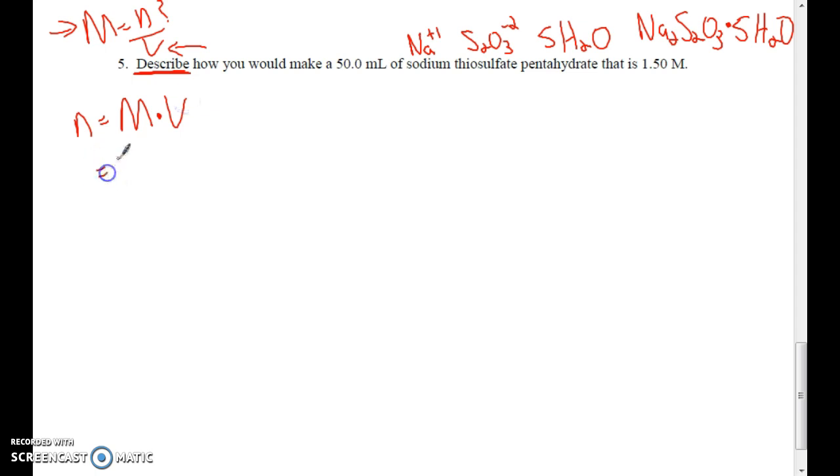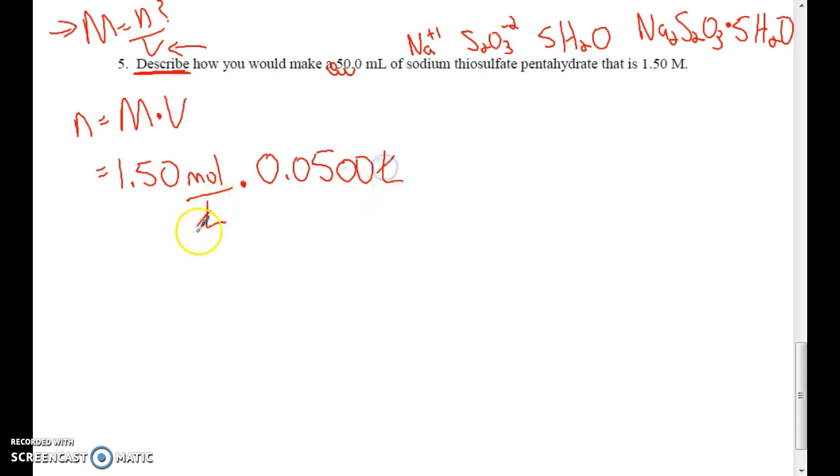So what you get is 1.50, and again, I'm going to write molarity as moles per liter, times 50.0 milliliters, converted into liters, becomes 0.0500 liters. Again, you just move the decimal point 3 places to the left. The liters will cancel out. What you'll be left with is moles.